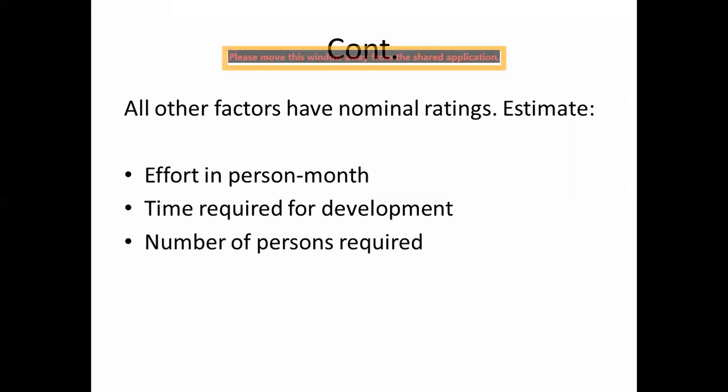So you can calculate the duration, capital D.